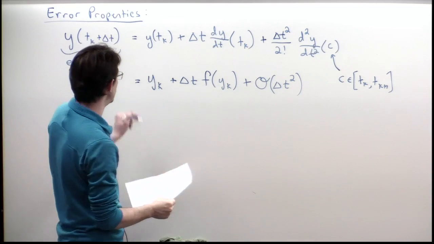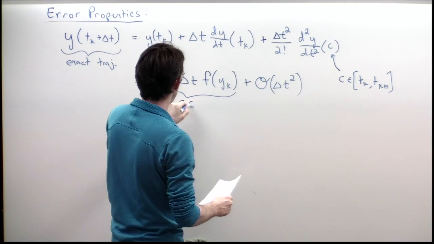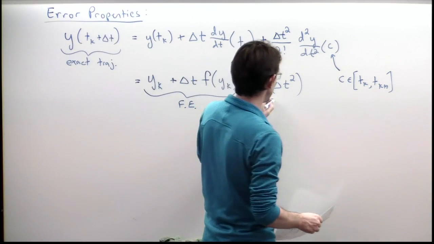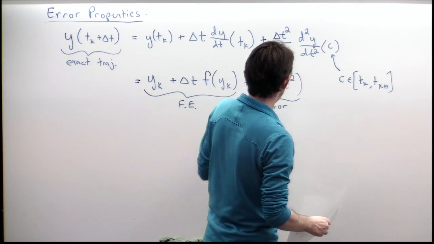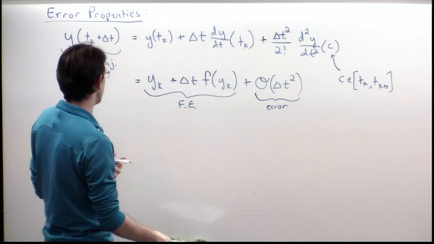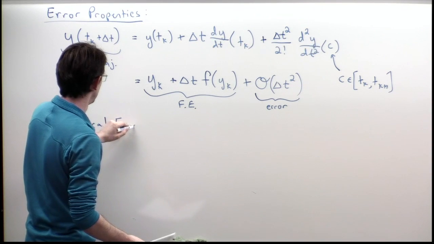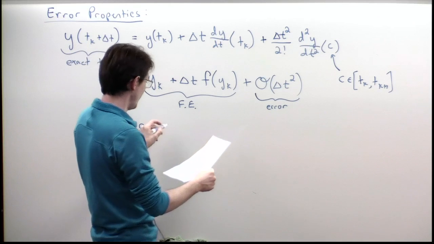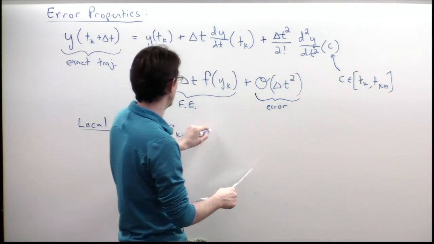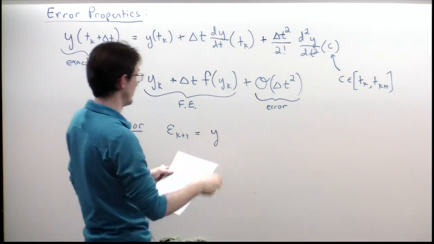actually. And we see that we have exactly our forward Euler plus an error term, which is order delta t squared. Okay, and this delta t squared error term, that really means that our local error, we're going to call this epsilon k plus 1, is equal to our exact trajectory minus our forward Euler trajectory, right?